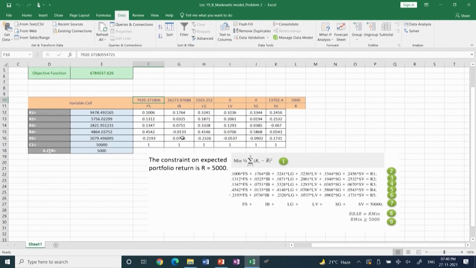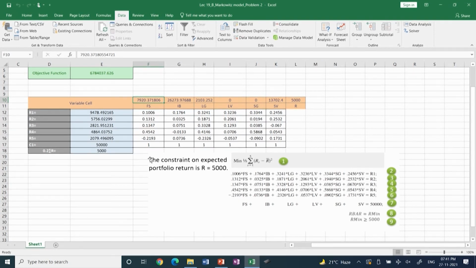So out of $50,000, $7,920 has to be invested in FS, $26,273 should be invested in IB, and $2,103 has to be invested in LZ. Otherwise, we can take the percentages we got previously and multiply by 50,000. Both are the same, and you will get the same answer.